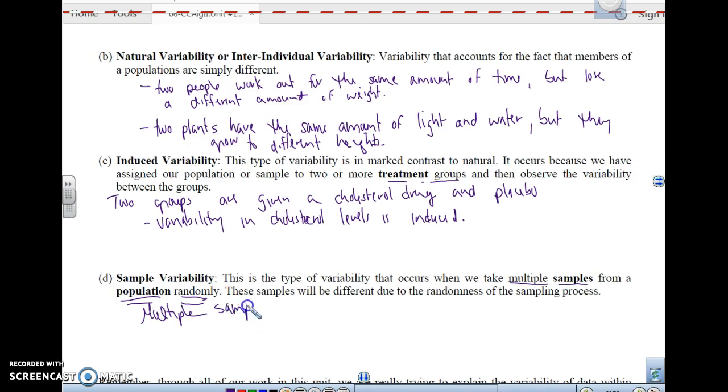Multiple samples are taken from surveys of political candidates. Now, when you take a survey of political candidates, if you take multiple samples, the differences in who people pick is due to sampling variation.